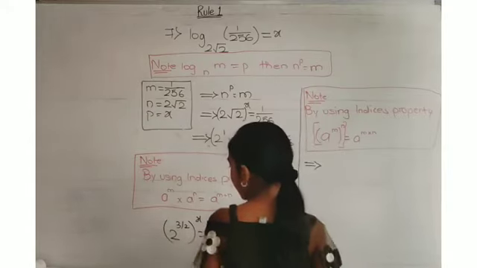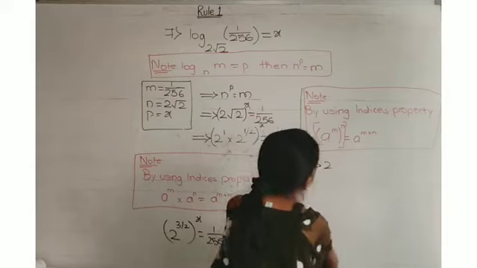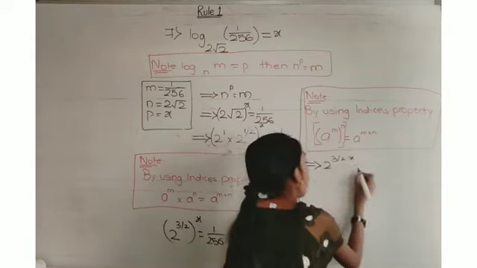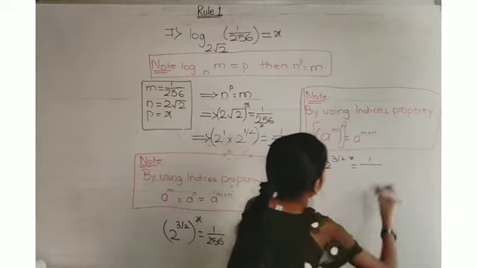So this 2 will be multiplied. So 2 raised to 3 upon 2 x is equal to 1 upon 256.